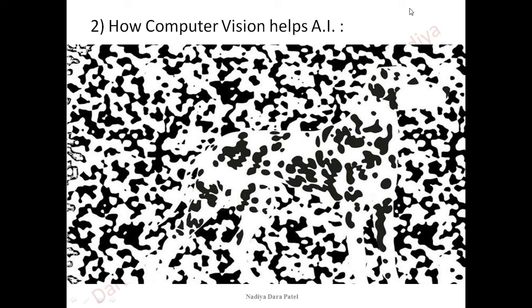Now the next point, which is quite interesting, is how computer vision is helping artificial intelligence. I have given you an image on the screen right now. I would like you to pause this video right here, observe this image and analyze it. Can you see something in this image?